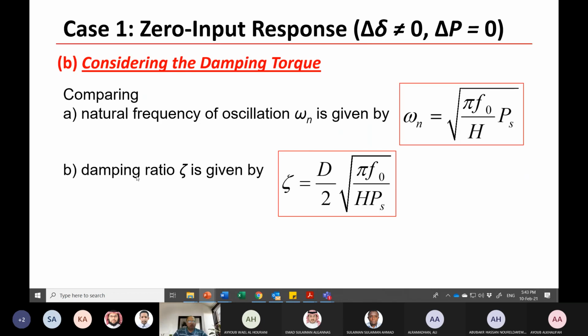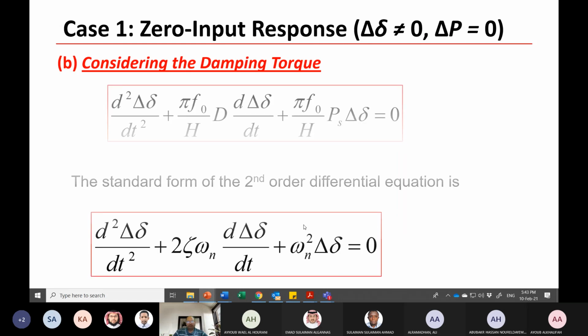So for the damping coefficient, if you compare, you get 2 zeta omega n, and you replace omega n here, so you end up with this. And zeta equals D over 2 times the square root of pi f0 over H Ps, isn't it?